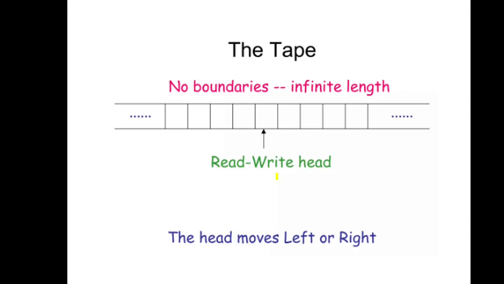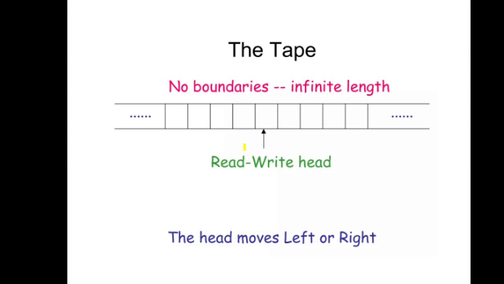The tape has no boundaries, infinite length. The read write head can read the symbol from the input tape. It has no boundaries, both sides are infinite. It has more storage, and the read write head moves left or right. It takes the symbol from left or from right.